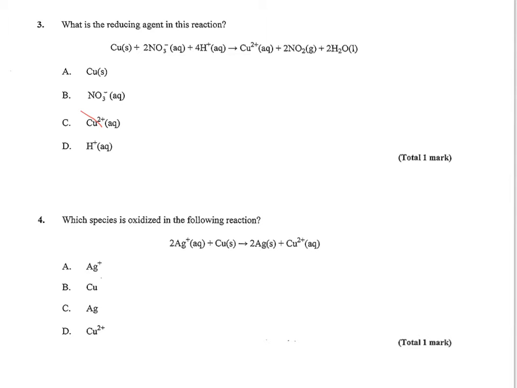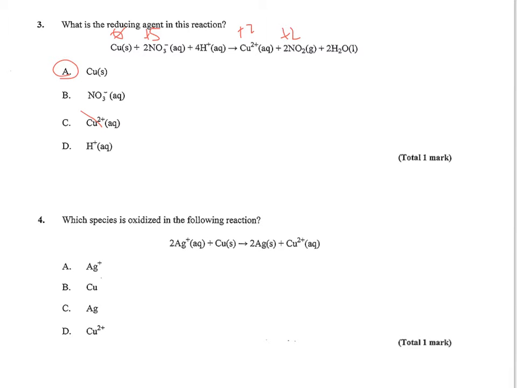So then if we look at the other, Cu starts out at 0, and it picks up a +2 charge, so it's being oxidized, so this would appear to be the right choice. NO3-, you've got nitrogen going from a +5 to over here a +2 state, so it's being reduced, not being a reducing agent. And H+ is remaining unchanged, so A indeed seems to be our best choice.